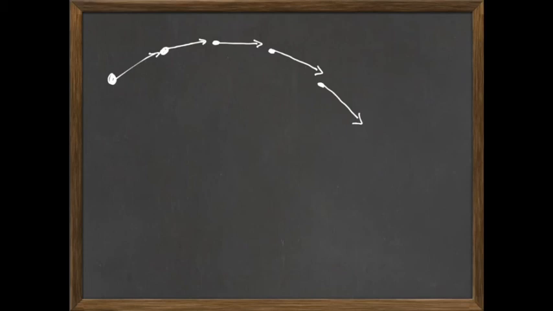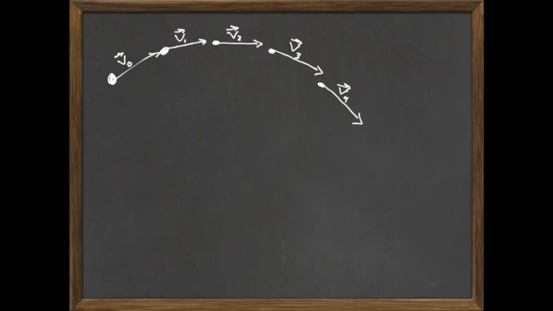It gets more and more towards the ground. Why does it do that? If this is the initial velocity vector, and this is the next vector, and the next, why do these velocities keep changing in that direction?